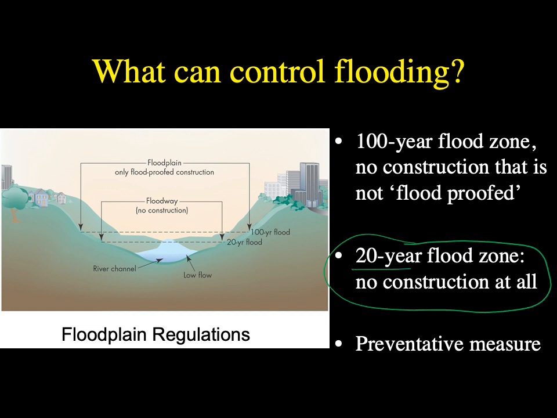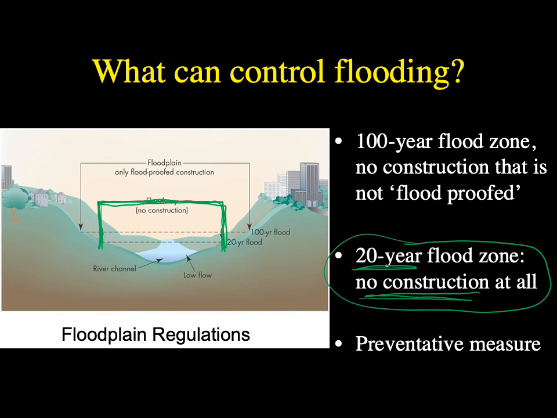But what they're trying to do right now is to say that in a zone around a river that we know is prone to flooding at least once every 20 years, we're trying to build nothing at all. So there's no risk of anything getting damaged within the 20-year floodplain.